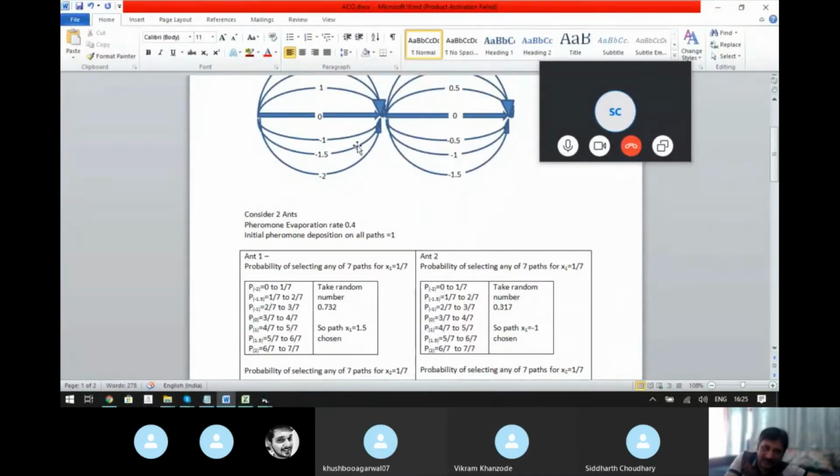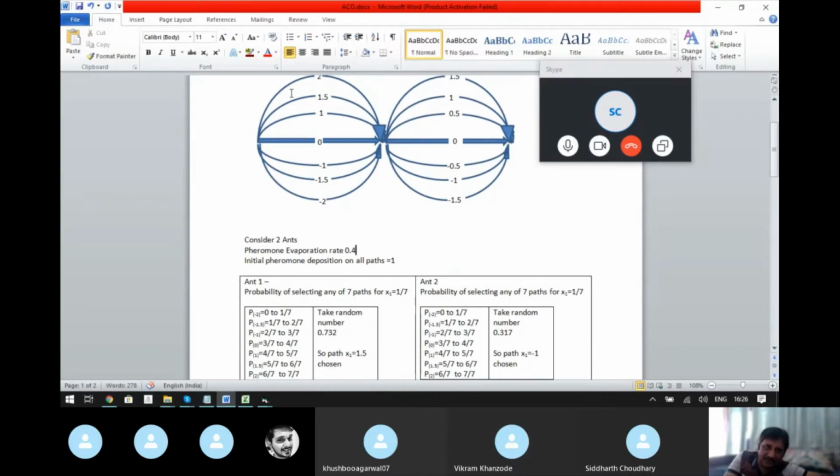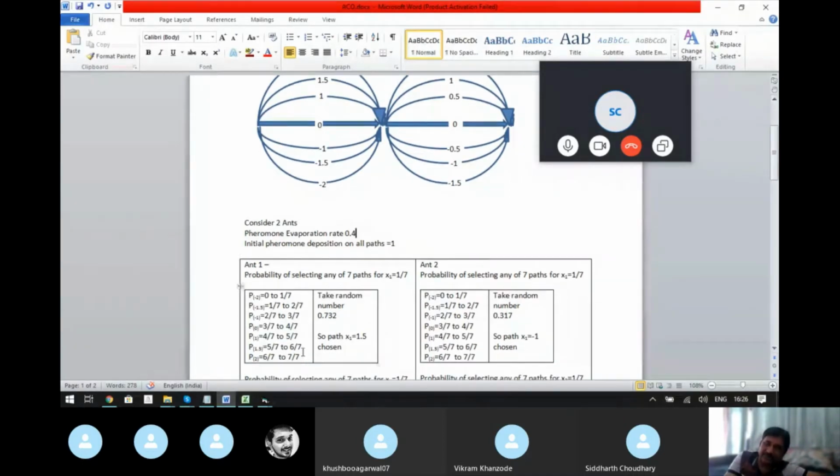For this path it is 1 by 7 to 2 by 7, for this path 2 by 7 to 3 by 7, for this 3 by 7 to 4 by 7, then 4 by 7 to 5 by 7, 5 by 7 to 6 by 7, and 6 by 7 to 7 by 7. Lastly, the probability of selecting the path with x1 value equal to 2 is 6 by 7 to 7 by 7.